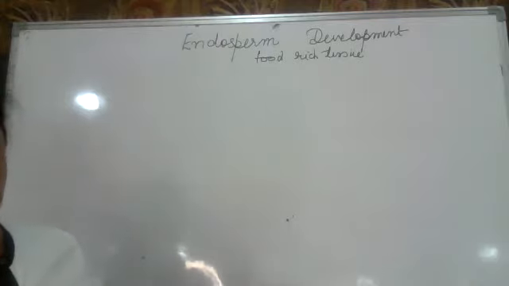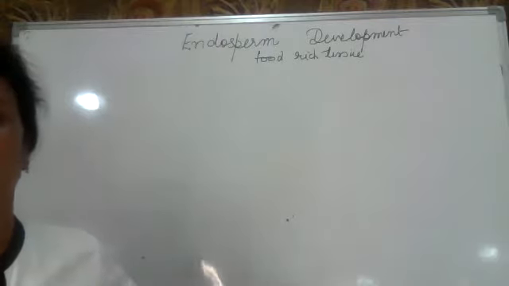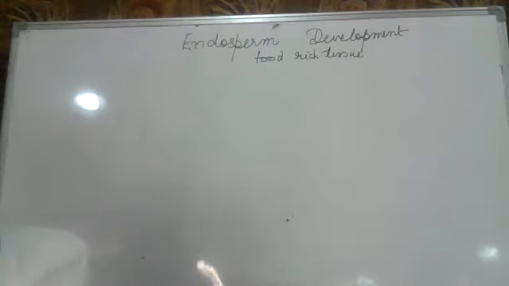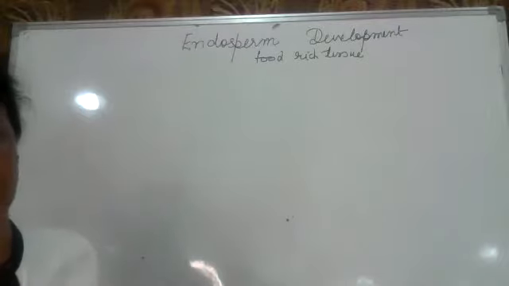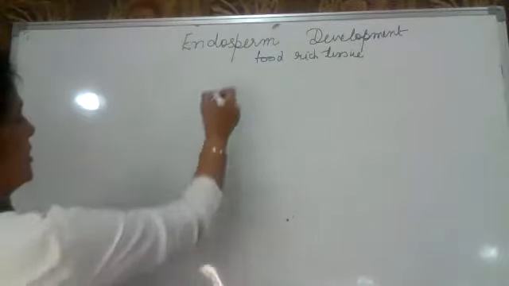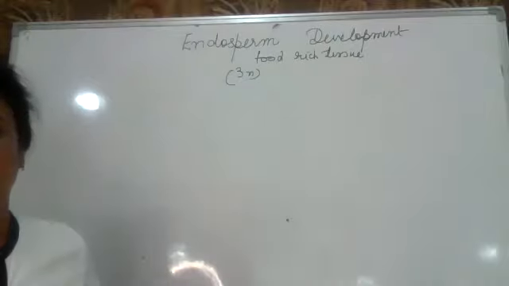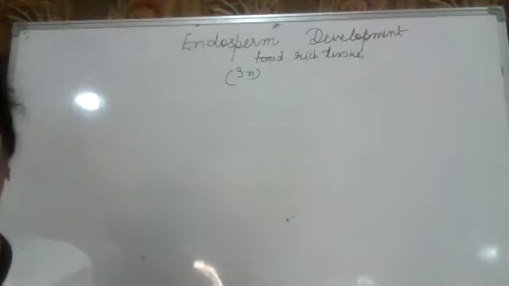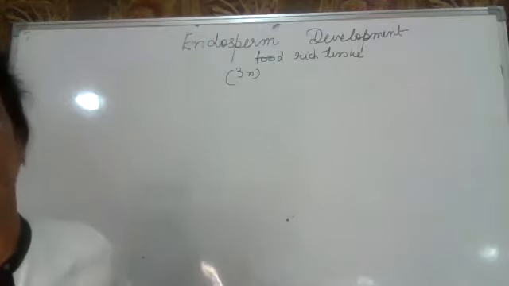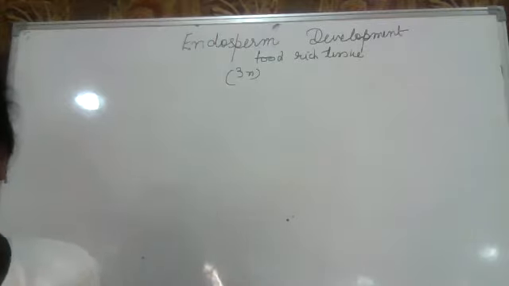Now let us see how this endosperm is formed from the primary endosperm nucleus. The ploidy we have already done, it is 3N, because 1N was from the sperm and 2N from the central cell. We have done that the central cell has two polar nuclei.